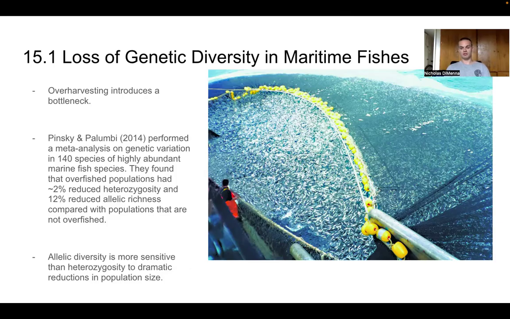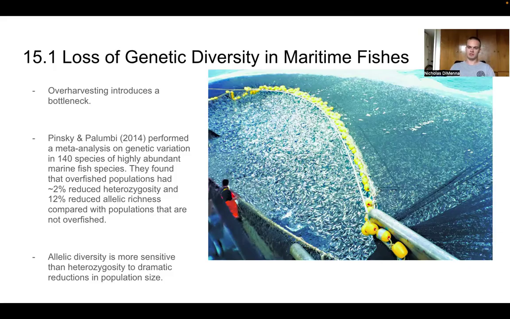But we do see this discrepancy between the difference in heterozygosity and allelic richness. That's because allelic diversity is much more sensitive to reduction in population size. Say you have a population of 15 billion individuals versus a population with 1 billion individuals. On both of those scales, you have tons of alleles for any given locus, so the odds that they'll be heterozygous are still pretty high, even if a population has been really overexploited and taken from 15 billion down to 1 billion. But we do see a significant reduction in allelic richness because we are losing a lot of those alleles.